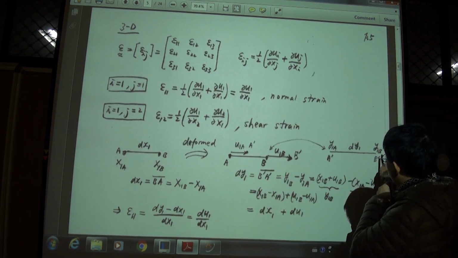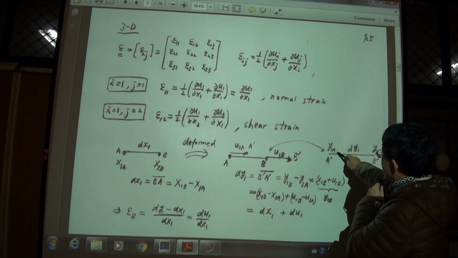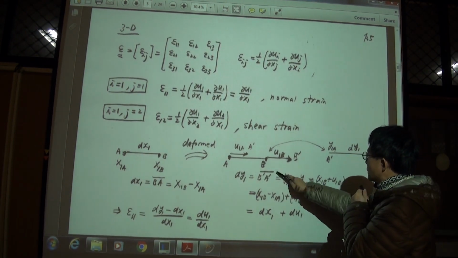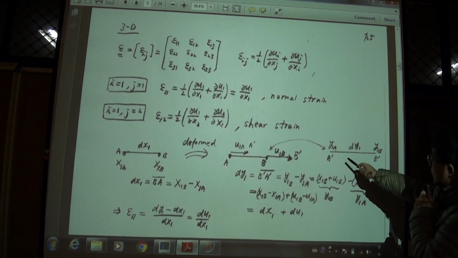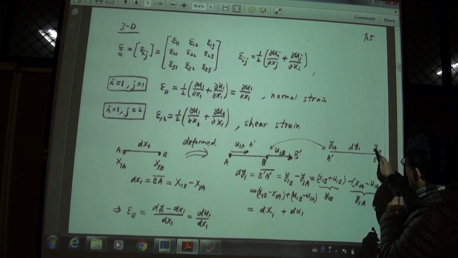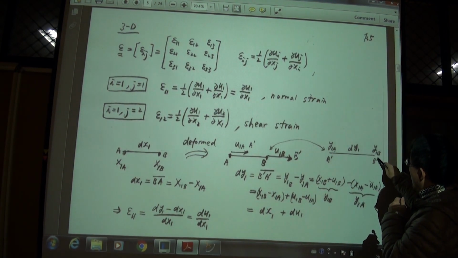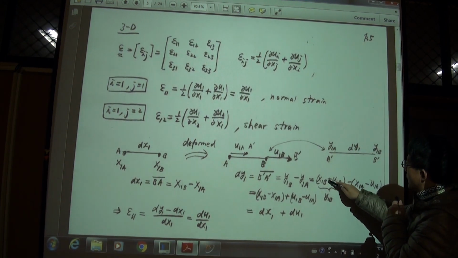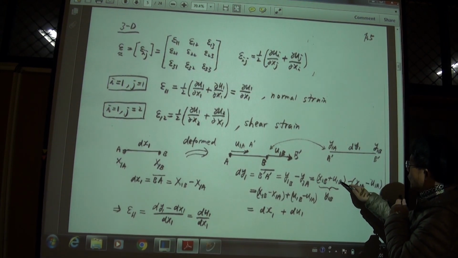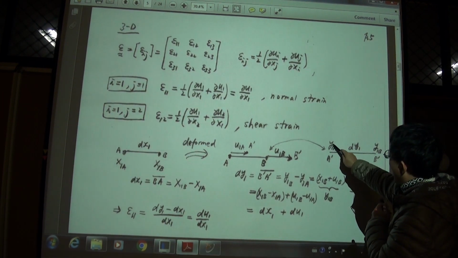Now, y1 equal to y1b minus y1a. y1b is the horizontal coordinate of point B prime, equal to x1b plus u1b.